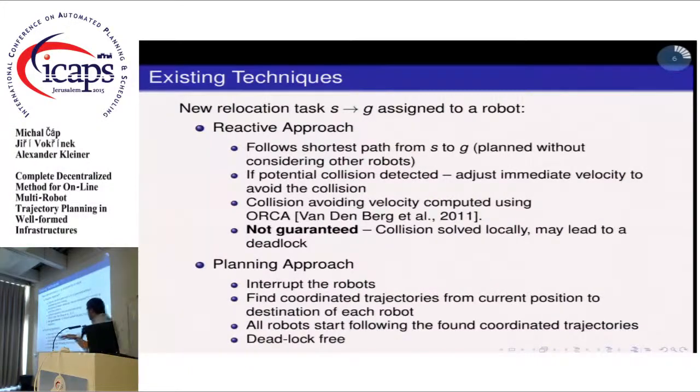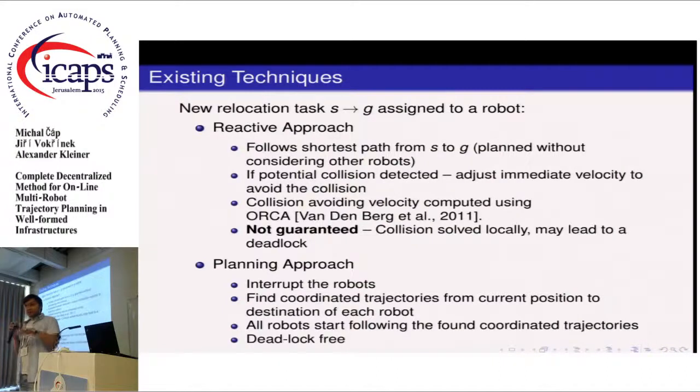Okay, so if you want to implement such a system, the existing approaches are basically based on two techniques. Quite a popular one is the reactive approach, where you just plan your path, ignoring all the other robots. You start following the path, and you monitor your environment for anything that you can collide with.